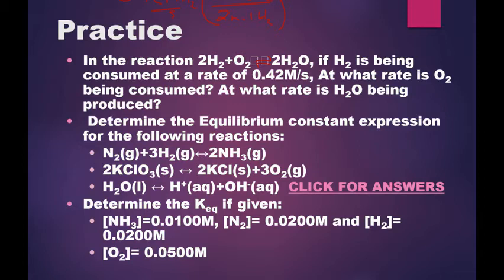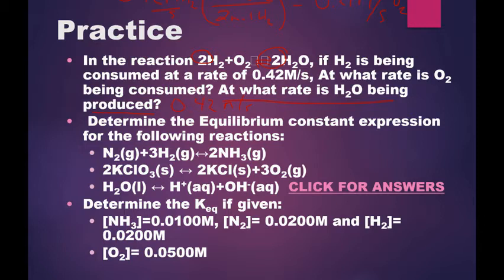So if I divide that by 2, I'm going to end up getting 0.21 molar per second for O2. Okay. And then if I'm looking at what rate is H2O being produced, well, I have a 2 to 2 ratio or a 1 to 1. So that's going to end up giving me 0.42 molar per second.